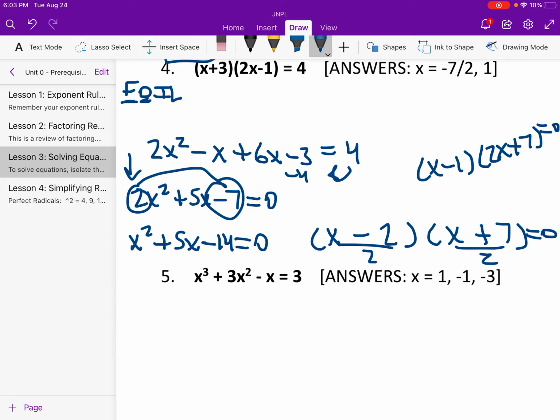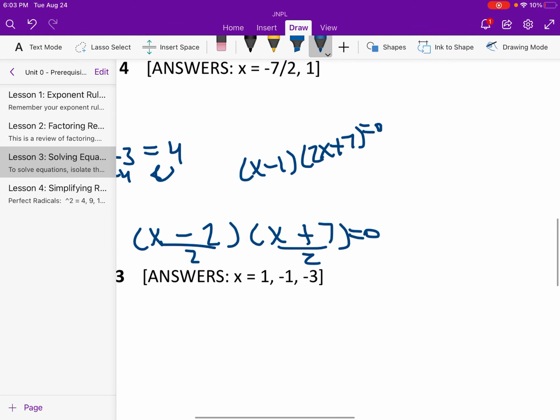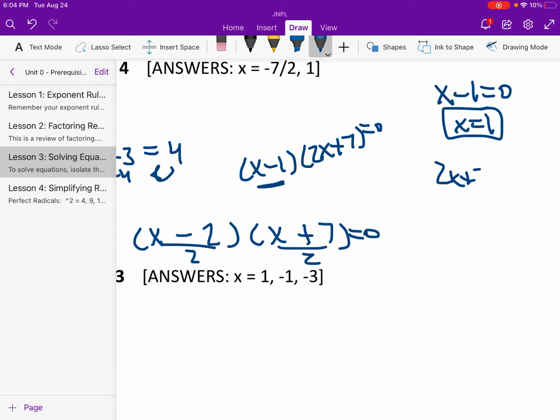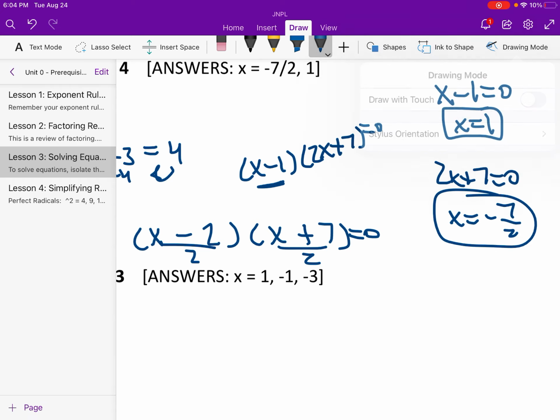Then what you would do is set each factor equal to 0. So this is the first factor, x equals 1. And when you would solve that, you would see x is negative 7/2. That's your two answers. That's how you do a problem like that.